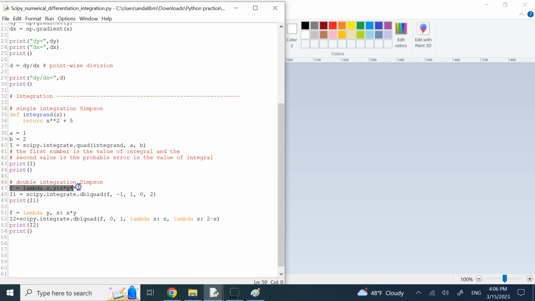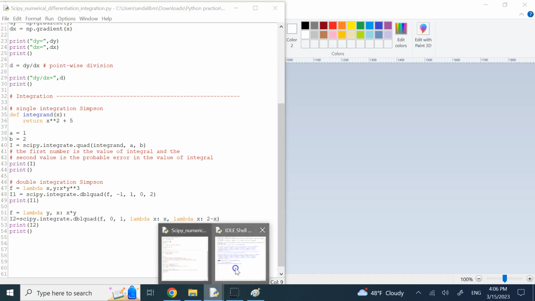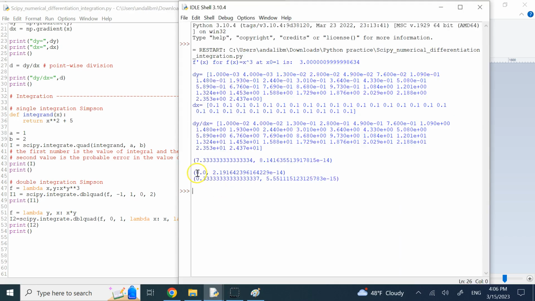That's another area where inline functions are useful, when you want to pass them to another function or another method. So here I define my function as x y cubed using lambda functions, and I pass it to it. These are the limits for x, these are the limits for y, and that is going to give me I1, which in this case is 0, and this is again the possible error in it.